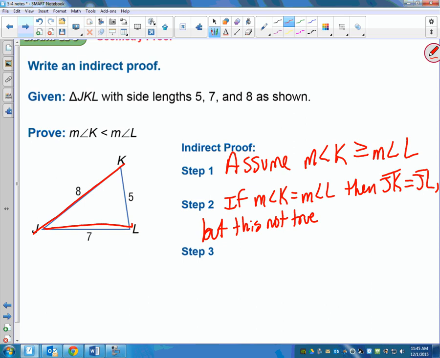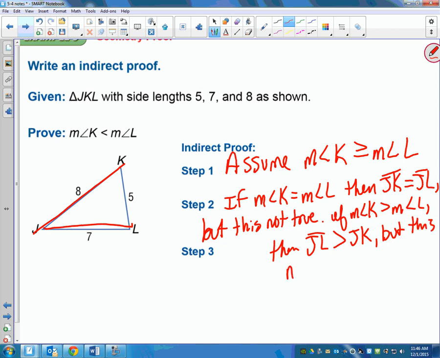You could actually use the numbers to show that. If the measure of angle K were greater than the measure of angle L, then JL would be greater than JK, but this is not true. By the given.